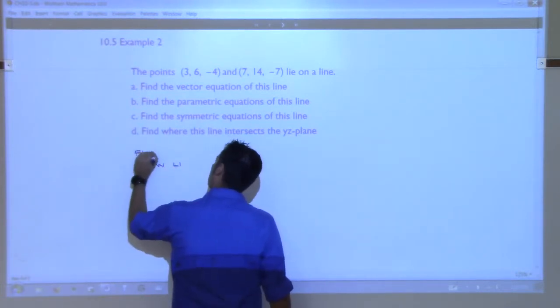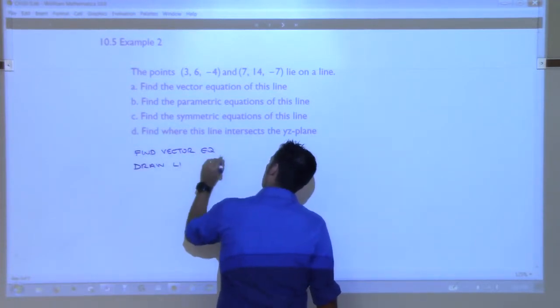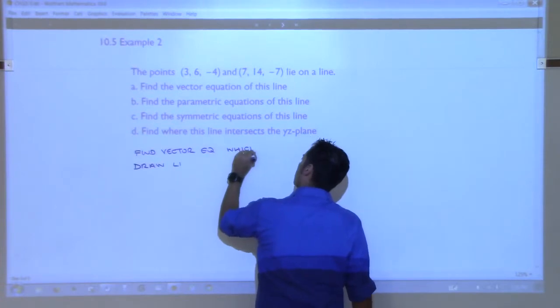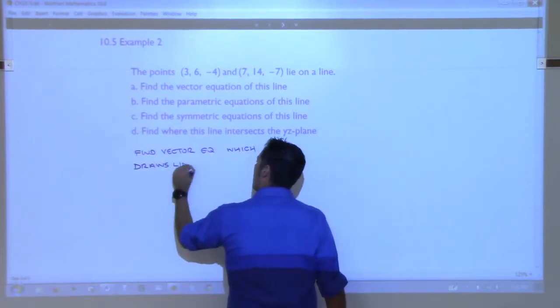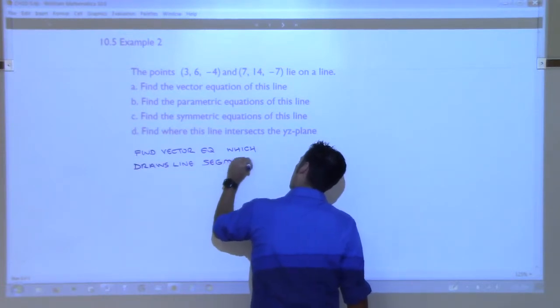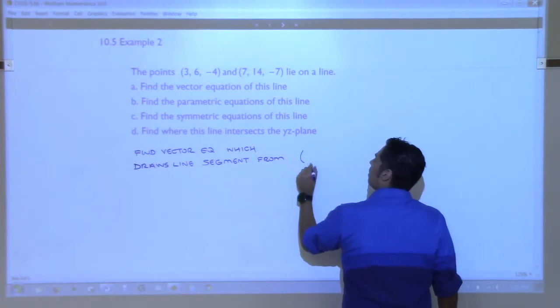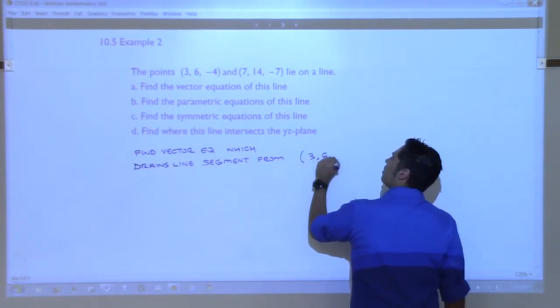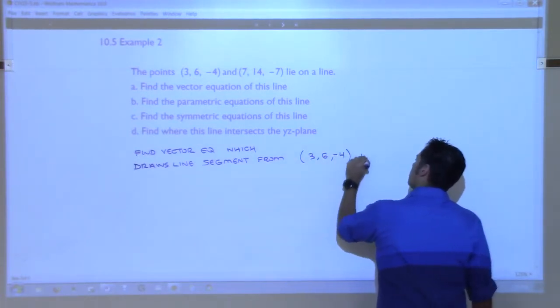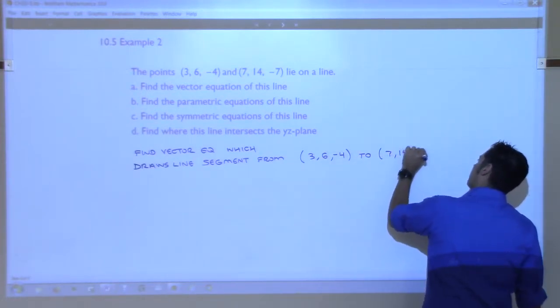Find the vector equation which draws the line segment from 3, 6, negative 4 to 7, 14, negative 7.